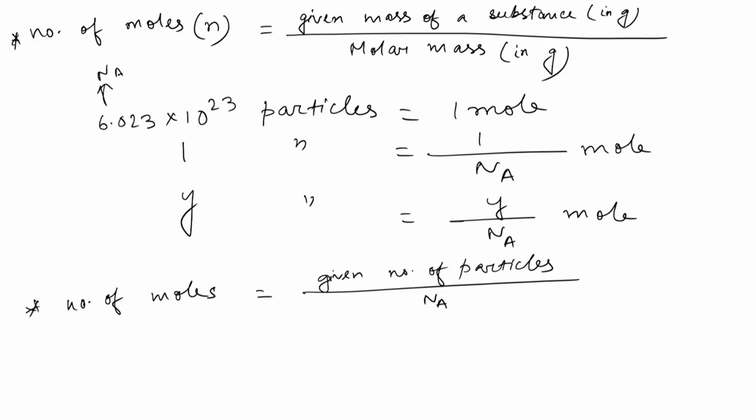In the last lecture, we had discussed the mole concept and we had started talking about some important formulas regarding the mole concept. Now we will see some other formulas of this. So, till now we have discussed that number of moles is equal to given mass of a substance in grams divided by the molar mass in grams.